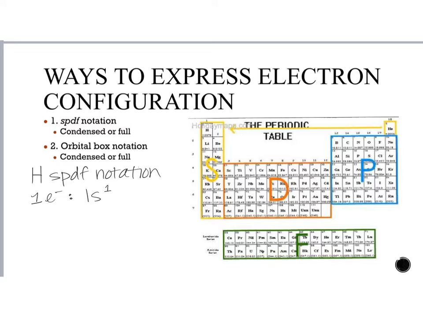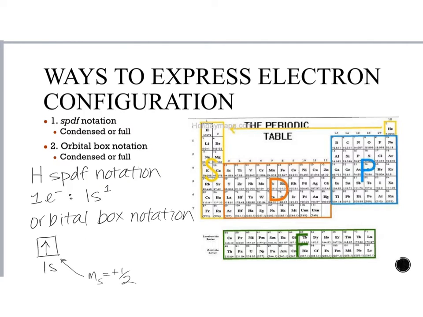What does the orbital box notation look like? It looks like this. The boxes are representations of orbitals, which means there can only be 2 electrons in them. The arrows represent electrons. And just a little note, remember that an arrow going up, we say has an m sub s value of plus 1/2.